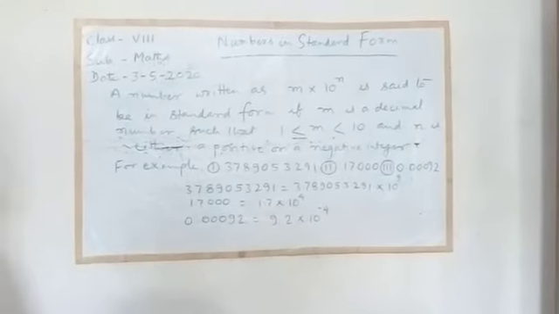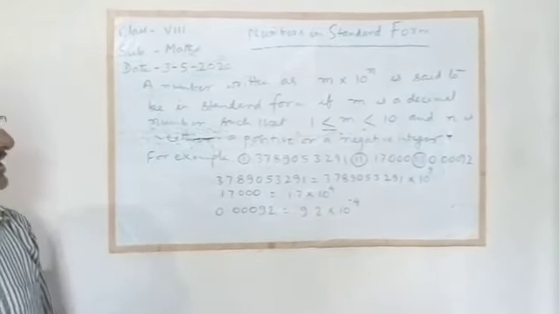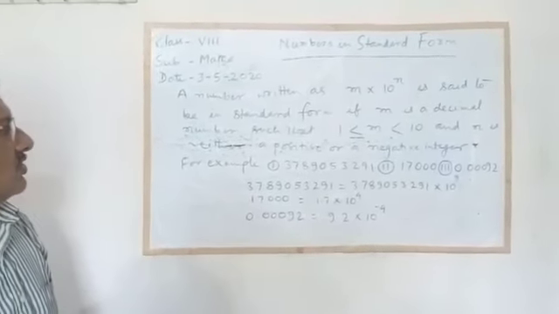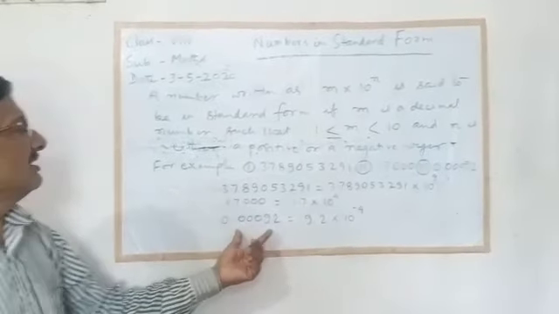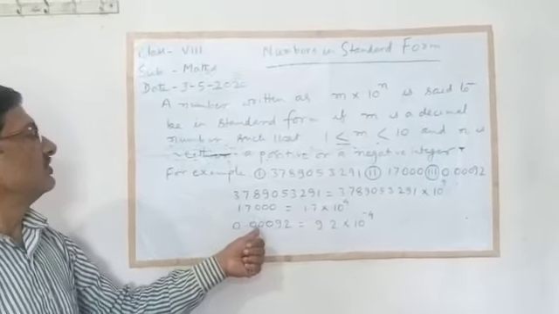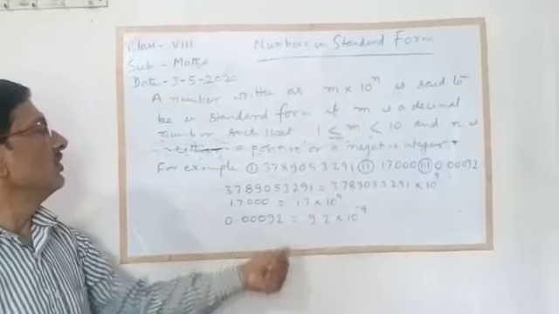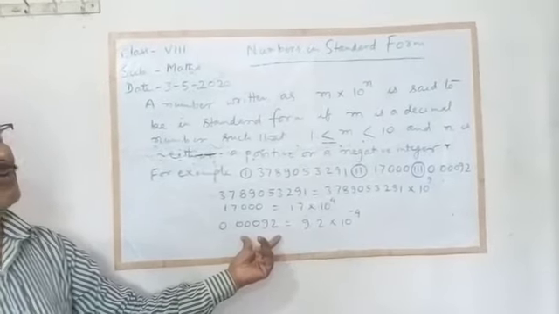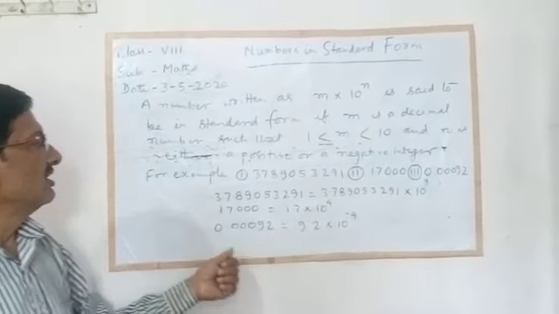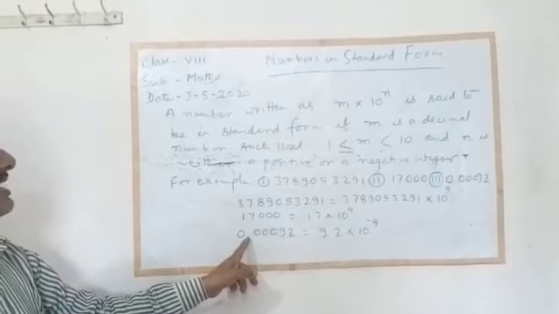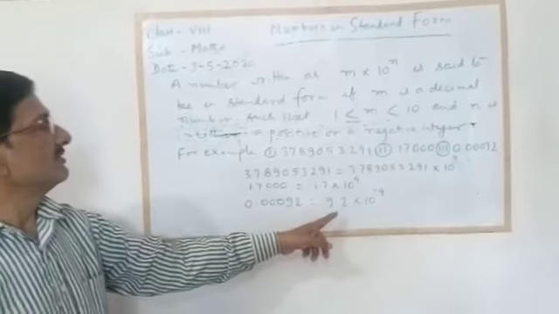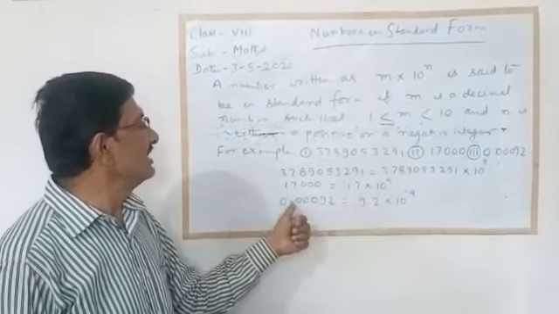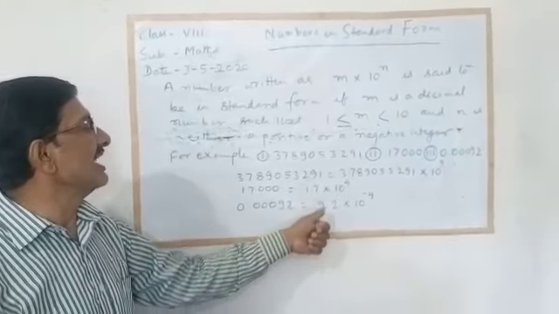In the third example, we have taken a number which is less than 1, so it is a decimal number, 0.00092. Here we have to make it a number greater than 1 but less than 10. For this we shift the decimal 4 digits forward, putting the decimal just after 9.